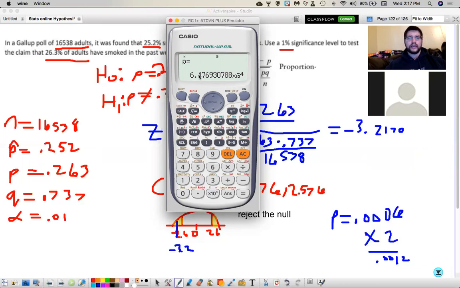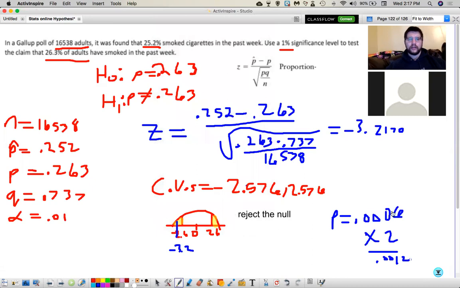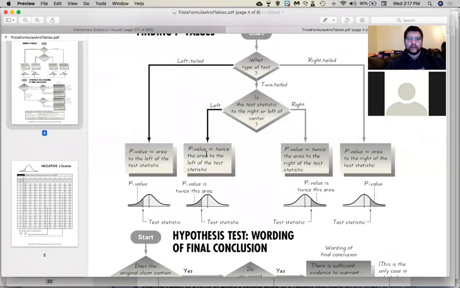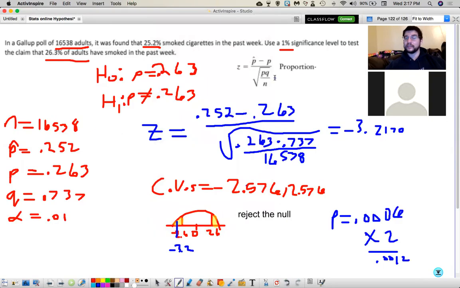Who cares, really? It's going to be a 6 after we have 3 zeros. So 0.0006. That's that 10 to the negative 4th power. Moves our decimal back to the left 4 places. That's what we get right here. Again, we find the area to the left and double it, twice the area to the left because it's a two tail.